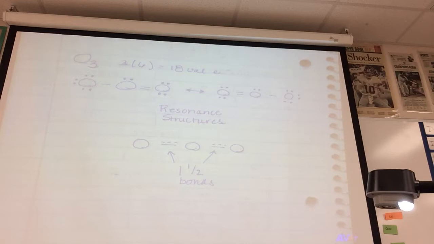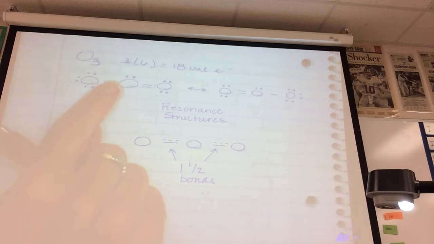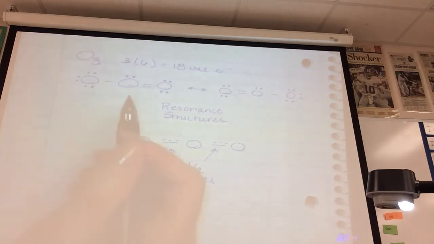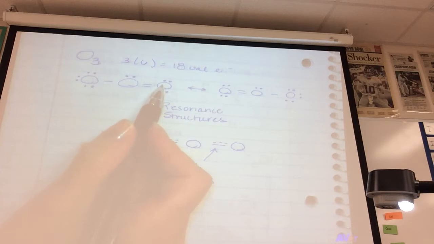These are resonant structures. You can figure it's 1.5 because you have a single and a double. You have 3 bonds shared between a central atom and 2 oxygen atoms. And I'll show you how to calculate that number in a little bit. 3/2. You can calculate it as 1, 2, 3 bonds divided by the number of identical atoms attached.